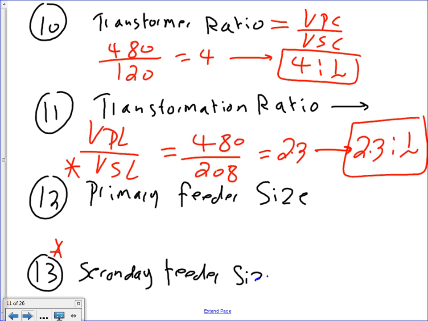Right? Piece of cake. I need you guys to help me with the primary feeder though, because I changed it here. 10 and 11 are a piece of cake, right? You just have to remember which one of them is coil over coil, which one of them is line over line, right?